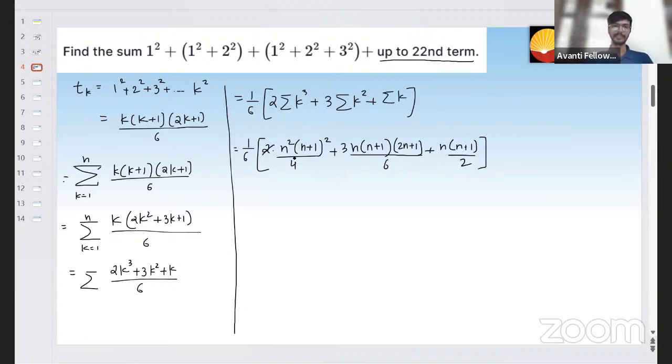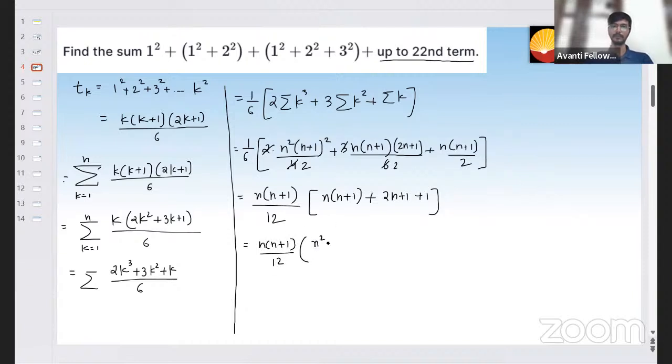So as you can see, I can cancel out 2 here also, and I can take n into n plus 1 common, upon 2 also I can take common. So denominator I'll be left with 12. So here I'll get n into n plus 1 plus 2n plus 1 plus 1. So I'll be left with n into n plus 1 upon 12.